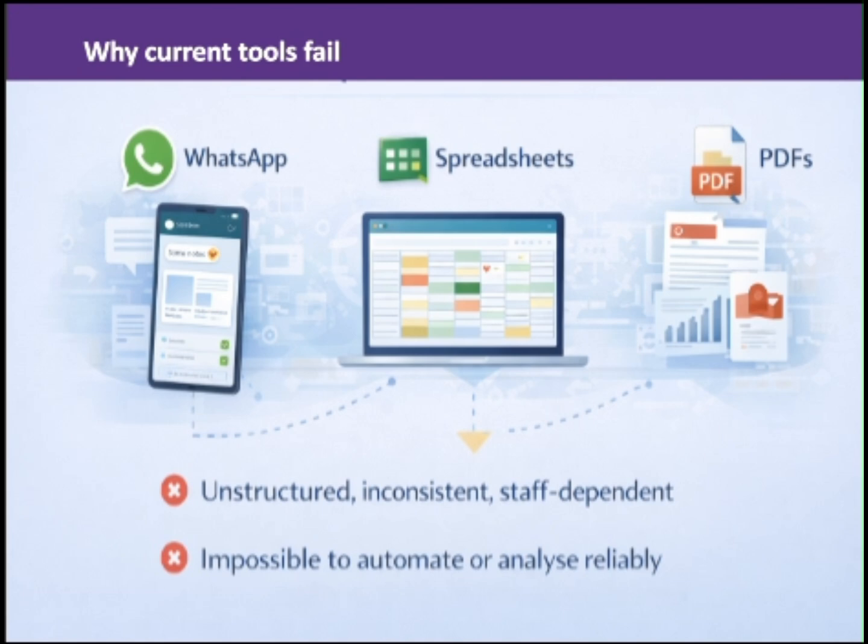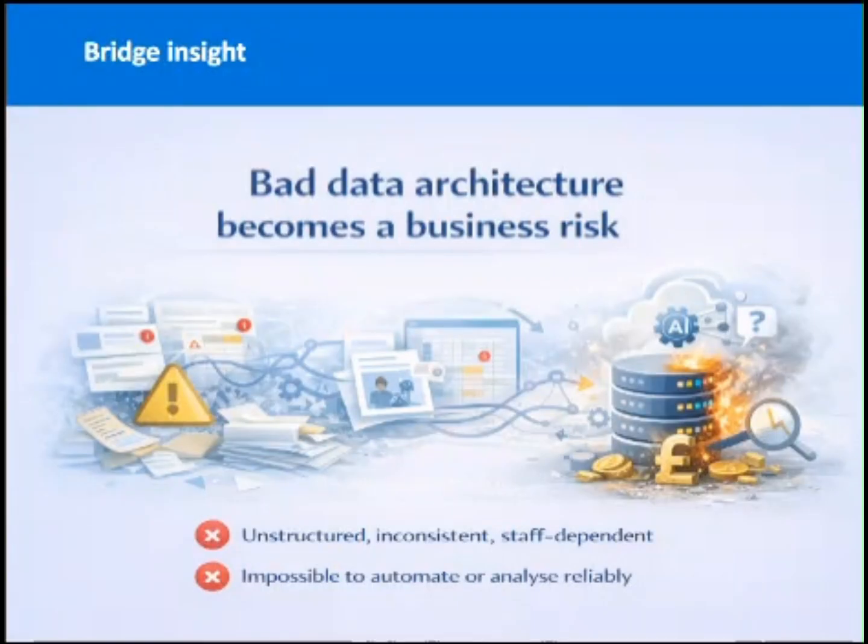At this point, I know most of you are probably thinking, so what does a good system actually look like? Because I know most of them will be thinking, okay, why is it talking about these systems like WhatsApp? Most of them fail. So what does a good system actually look like? So the answer, let's look at this slide. It's called Bridge Insight. It bridges the business problem and the technical reality.